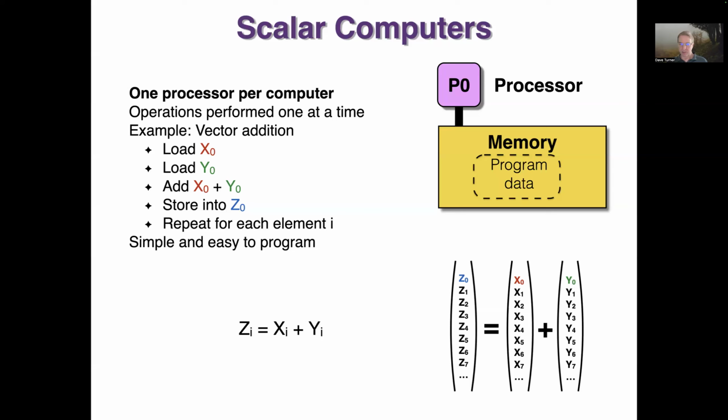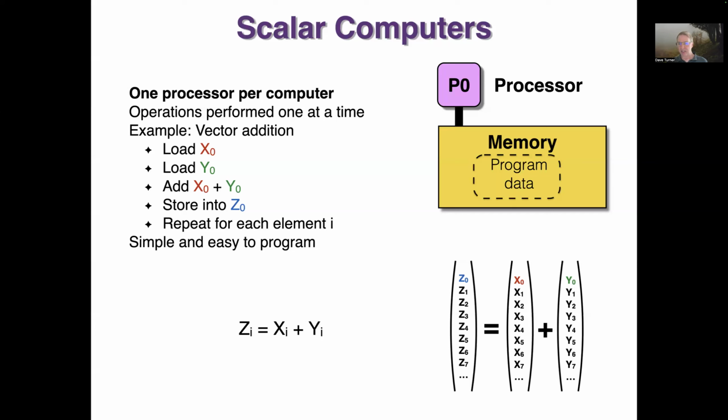So if we take a real simple algorithm, that being a vector addition here, at the bottom, you can see that all we're doing is taking a vector x of elements x0 through x n minus 1, to be abstract, and adding that to the vector y to get the vector z. That means that you do one thing at a time.